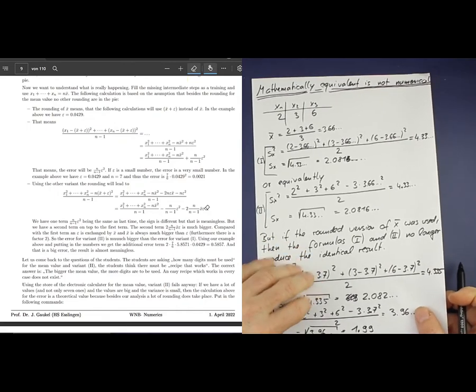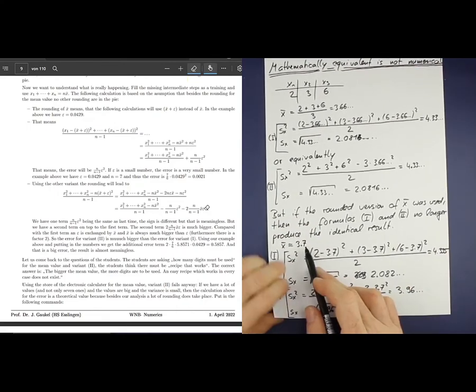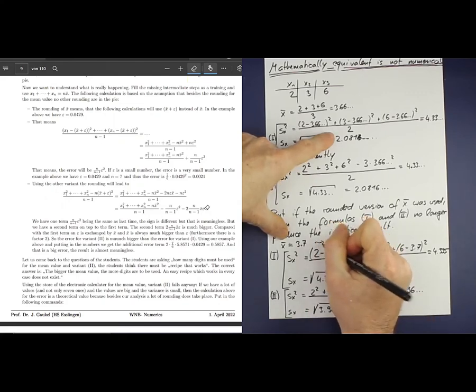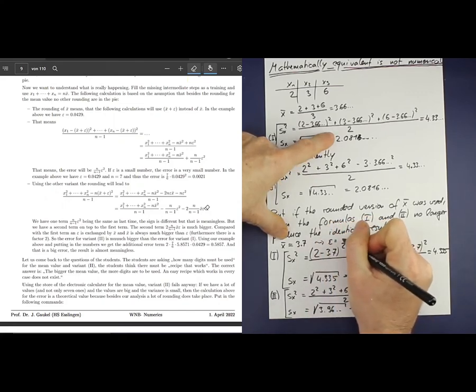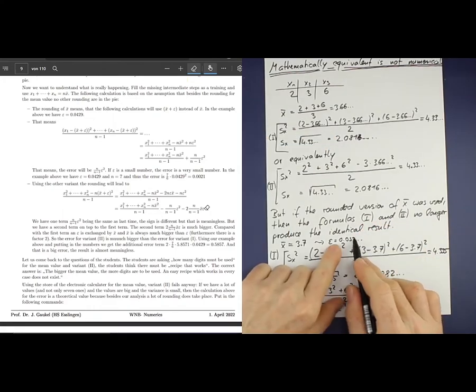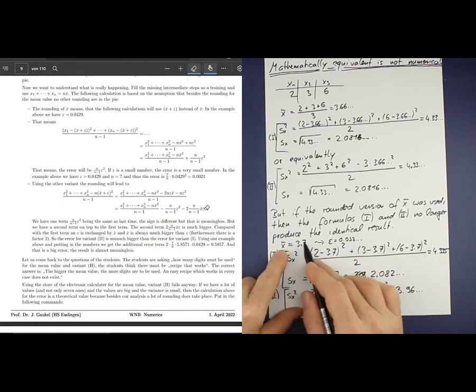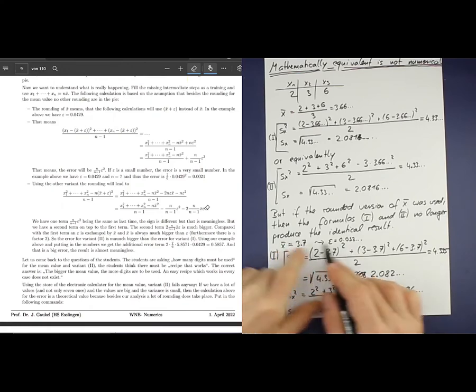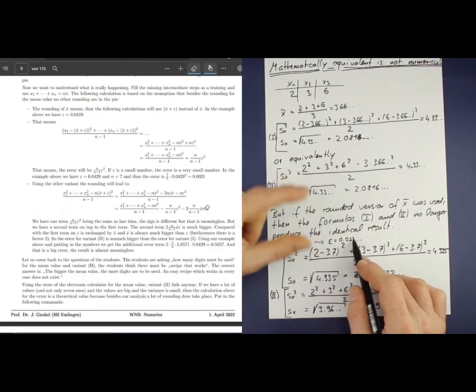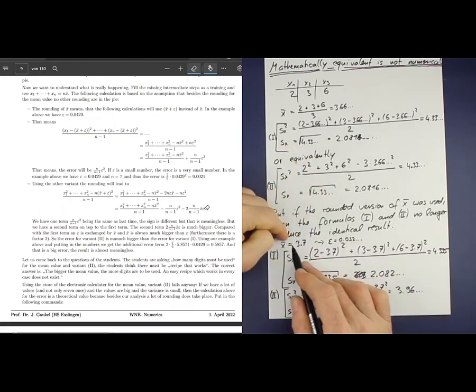Let's see here. If we use the rounded version, what is the epsilon here? The epsilon this time is 0.03. So the epsilon is the rounding taking part using the rounded version of the mean value. So the value here is always less, much less than the mean value.